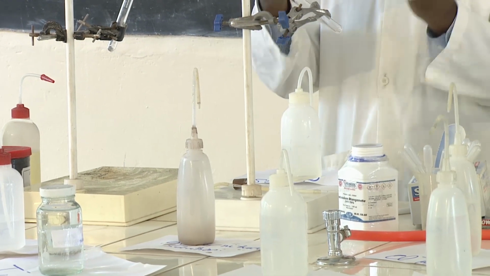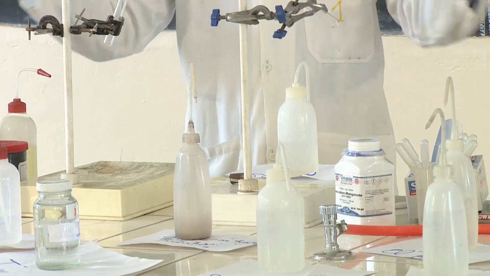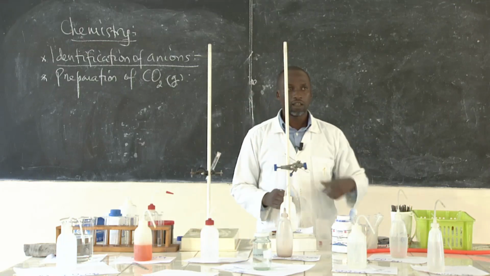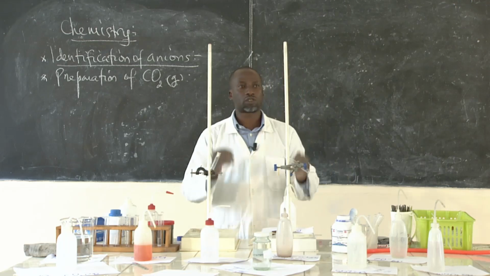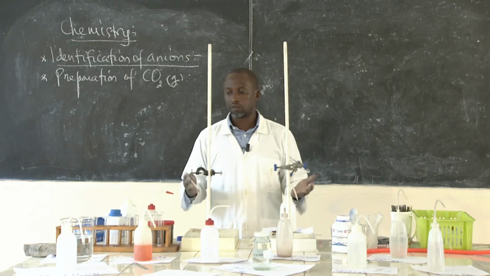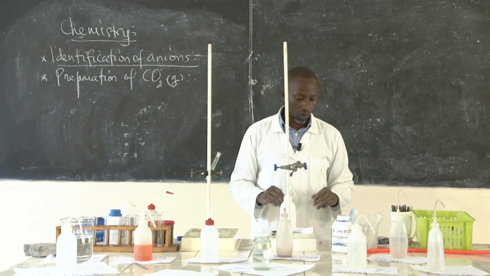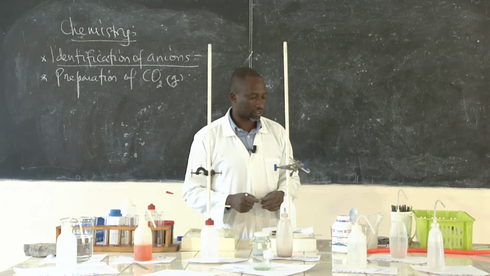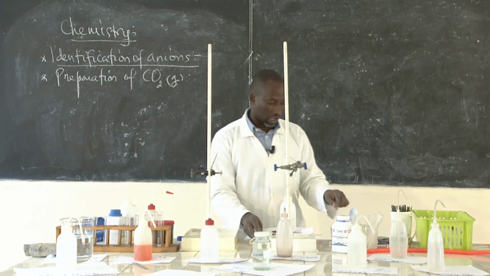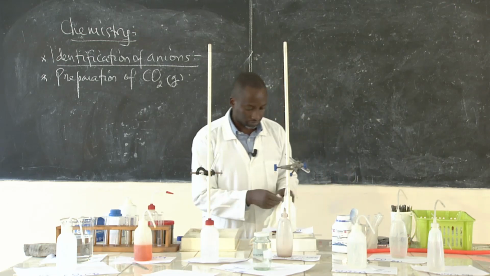There are a number of tests, but maybe we will not be able to carry out all of them. We will just do the most necessary and important test using common reagents.